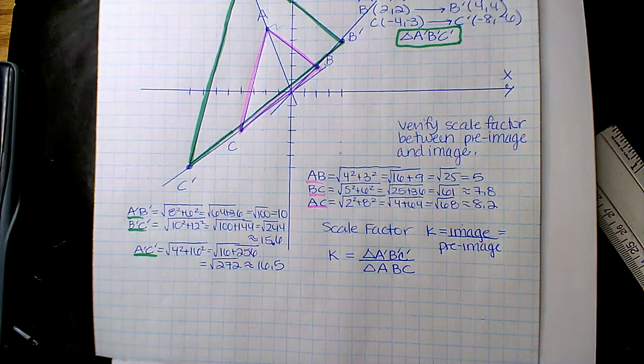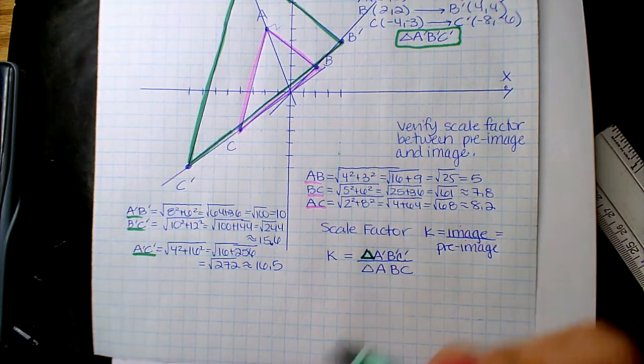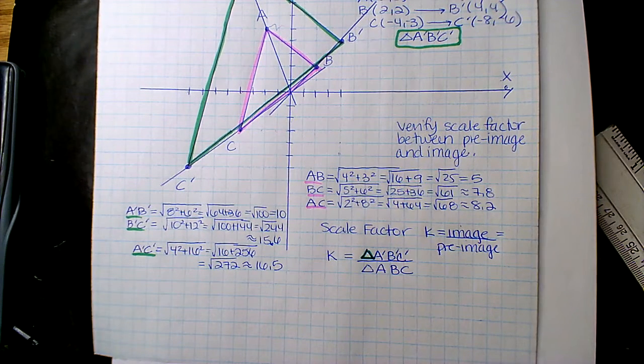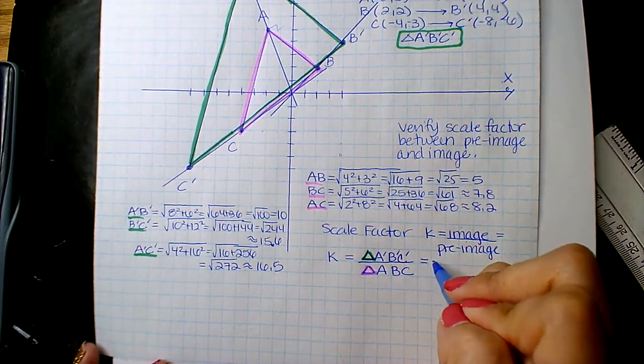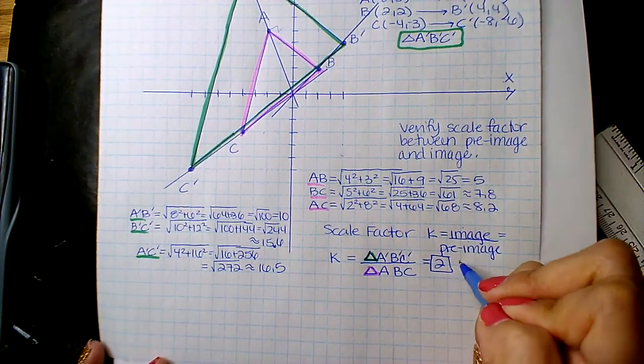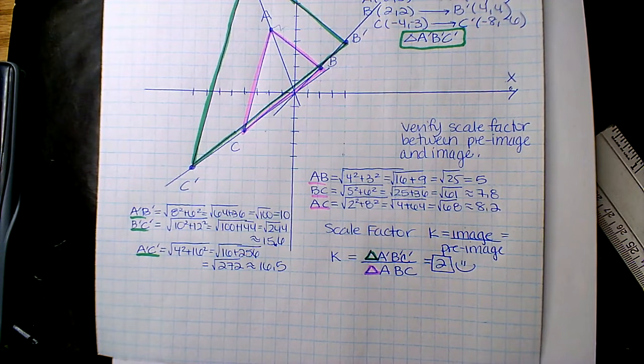Image over pre-image. Green over pink. So I'm going to put a little green and a little pink. And now we're going to verify that the sides do in fact, we better get a 2. And that we magnified correctly. And you guys could already tell by the numbers that you're doing it right.